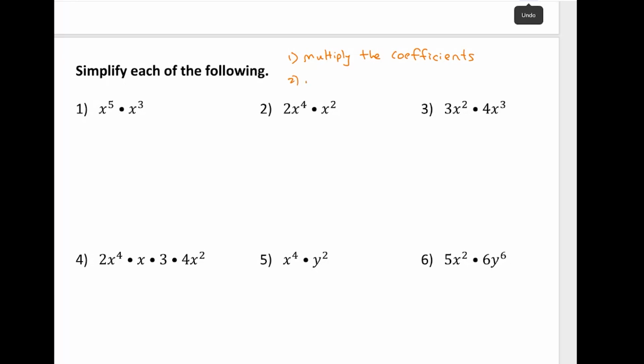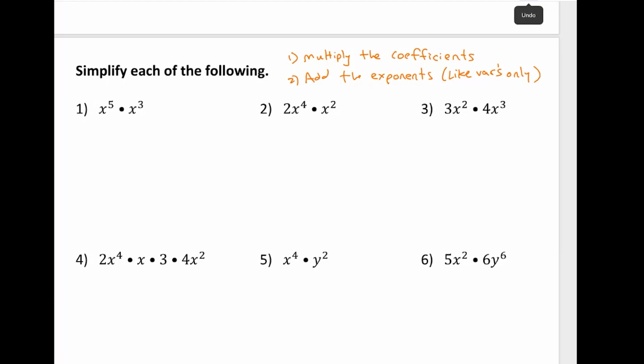Okay, you're going to add the exponents. And just as a little disclaimer here, add the exponents for like variables only. Don't combine x's and y's. So like variables only.